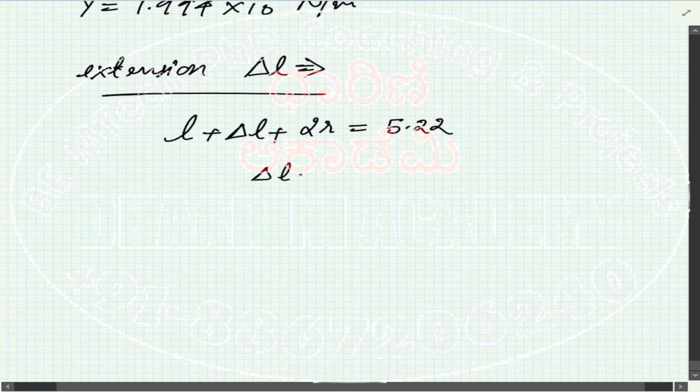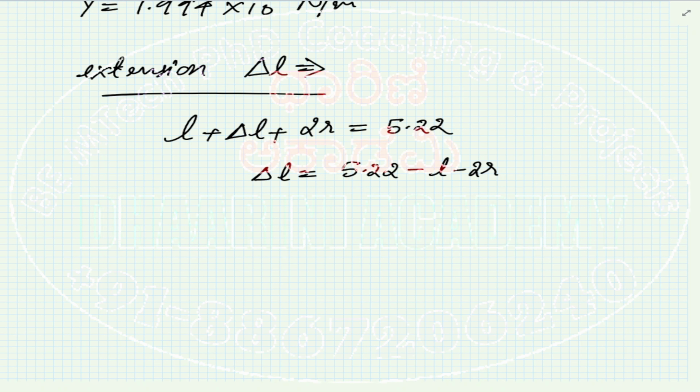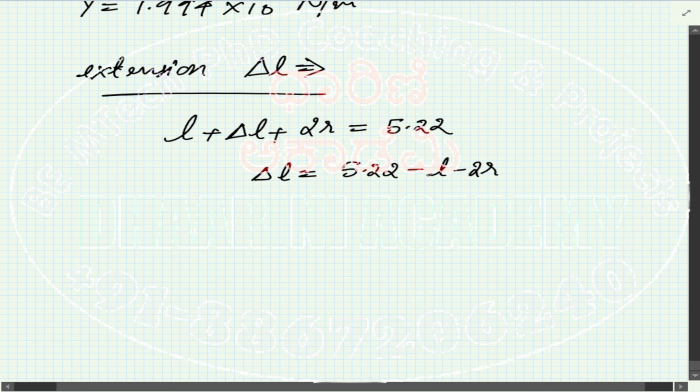So delta L is equal to 5.22 minus the length of the wire minus 2 times the radius of the sphere.